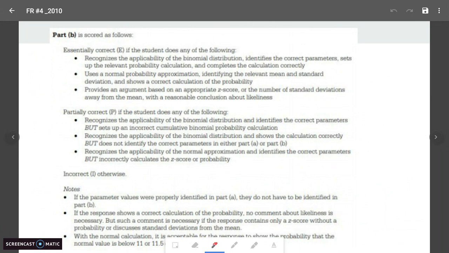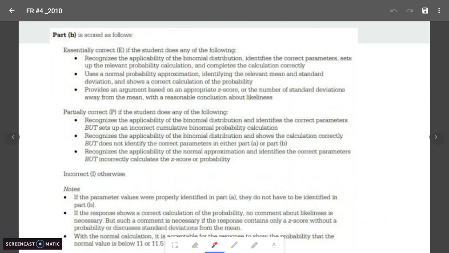What I mean by that is you could specify what each part of the binomial CDF is, being careful, writing out what you know for each component of what you're plugging into the calculator, or you could show the work of 2,000 choose 0 with your probability of success raised to the 0, and then your probability of failure raised to the 2,000, and then show you're adding. Remember, you don't have to write out all 12 of them. You can just do the dot, dot, dot in between. So have your first, second, and your last, just so you're showing work that you understand what it means.